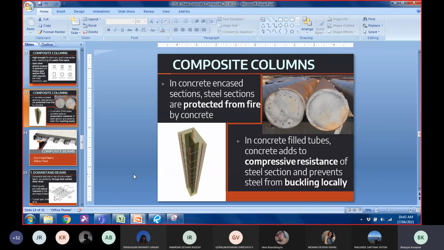Now, if I have to give an example, we studied three systems for a recent project. We studied an entire steel system, a steel composite system, and a concrete system. In terms of space, yes, we were saving a lot of space when we were using a composite system, but in terms of cost, the reinforced concrete system proved to be the cheapest one.